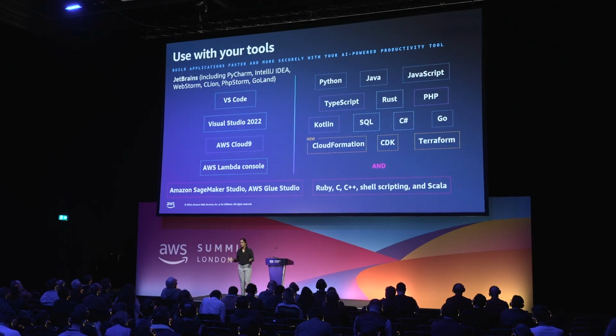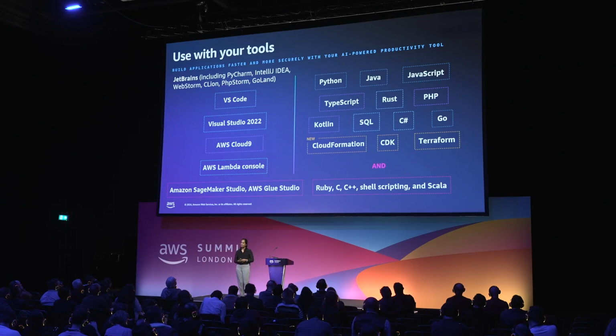You can use Code Whisperer with your favorite tools. As far as the IDEs are concerned, you can use it via an extension in VS Code, IntelliJ, and most of JetBrains IDEs. It is available natively in AWS Cloud9, AWS Lambda Console, SageMaker Studio, and Glue Studio.